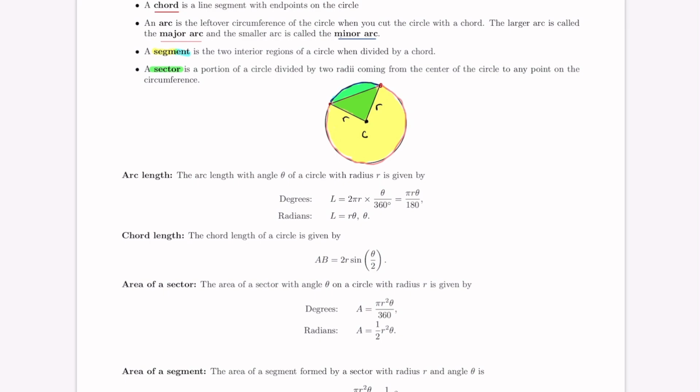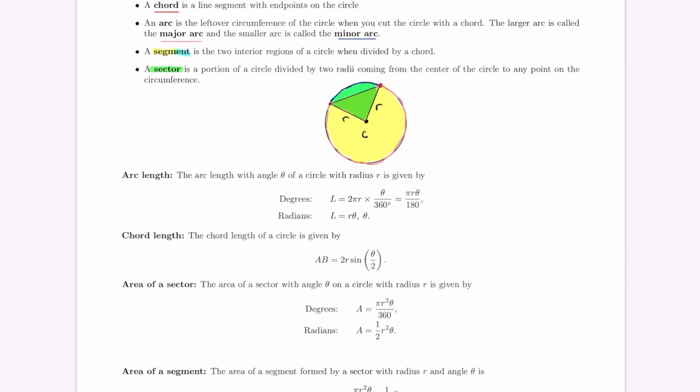This angle formed by theta is the only portion of the circle that we're considering out of the total 360 degrees. So you get your normal formula for the circumference of a circle and then you multiply it by theta on 360 degrees.